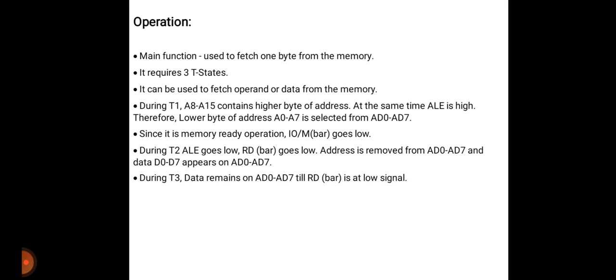At the same time, ALE is also high. Therefore, the lower byte of the address, A0 to A7, is selected from AD0 to AD7. Since it is a memory read operation, IO/M bar goes low in this T1 state.